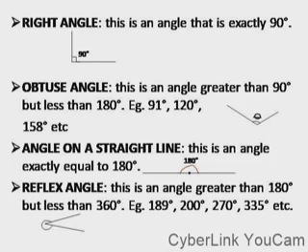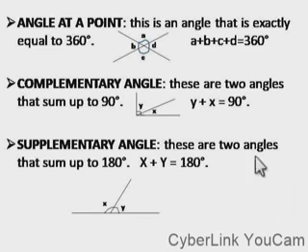Now let's quickly go to the next types. Here we have angle at a point. So you can see it's no longer angle on a straight line, even though we have a straight line here. So the angle between here and here is angle on a straight line. Then we equally have another angle on a straight line, that is from here to this other straight line. That's another angle on a straight line. So remember that angle on a straight line is equal to 180 degrees, right?